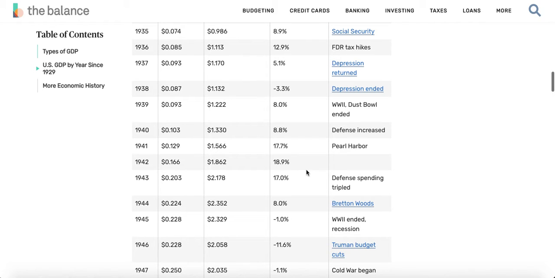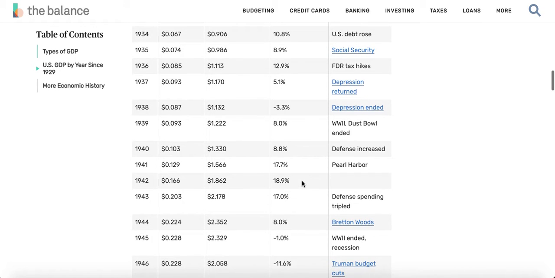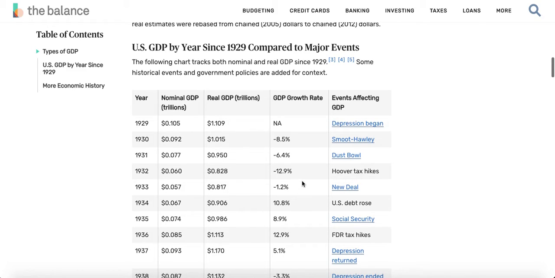Once again, no explanation as to how that happened. How can defense spending increase by that much, tripled? You don't have it coming out of nowhere. That's investment credit creation.